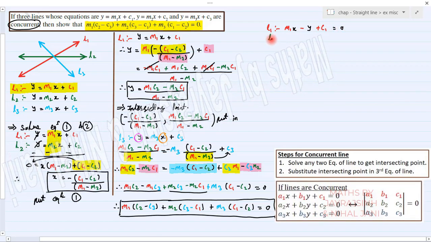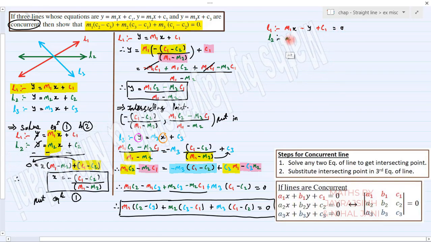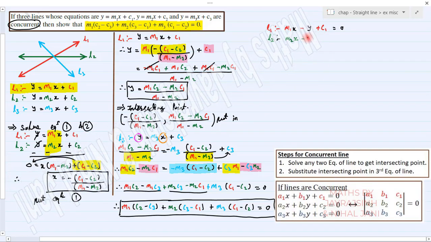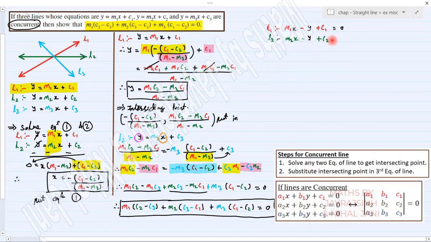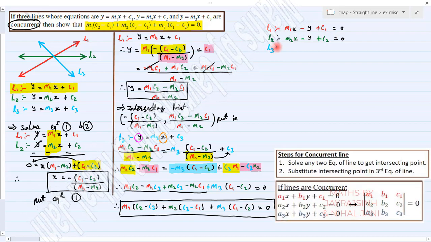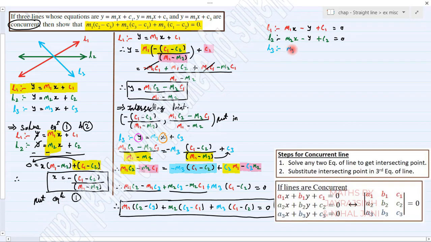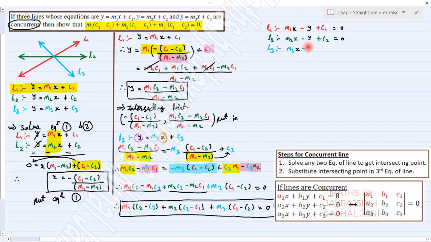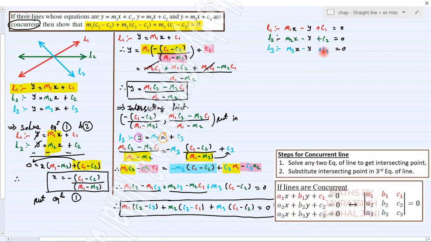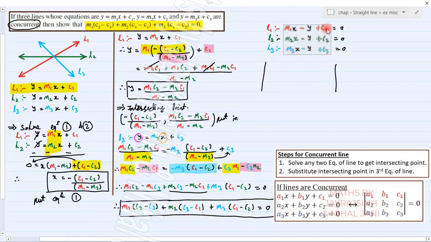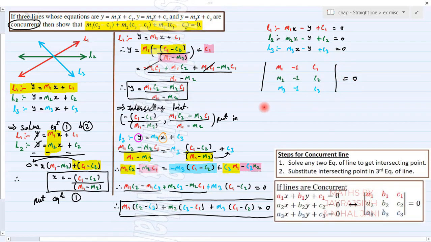Similarly, the second line will be m2x minus y plus c2 is equal to 0, and the third line will be m3x minus y plus c3 is equal to 0. Now we can make the determinant using the coefficients, and it must be 0.